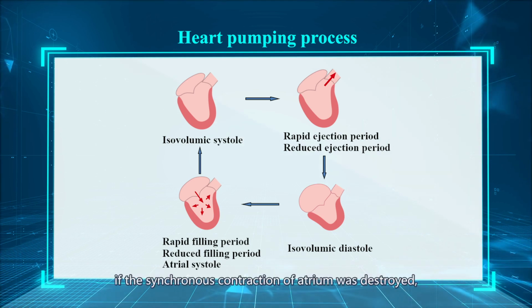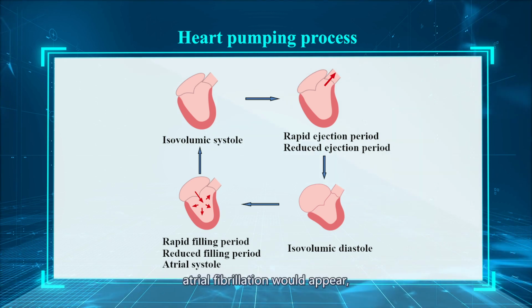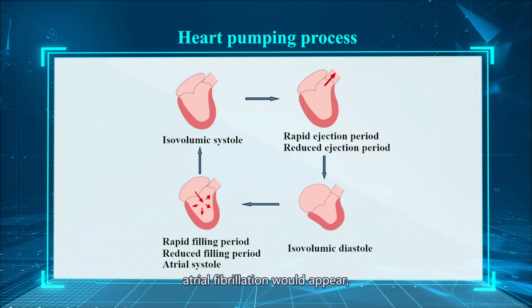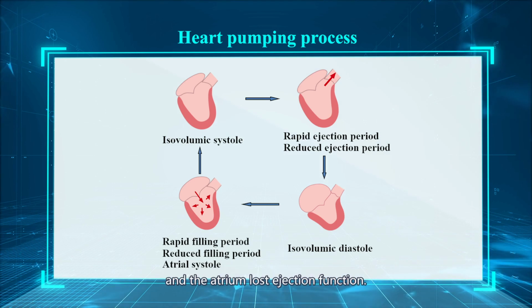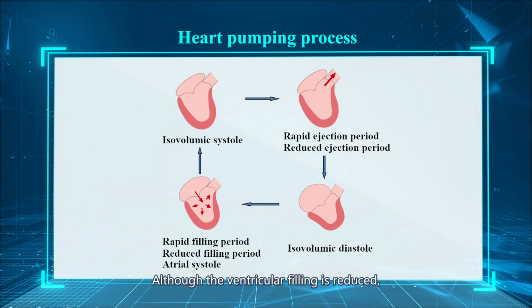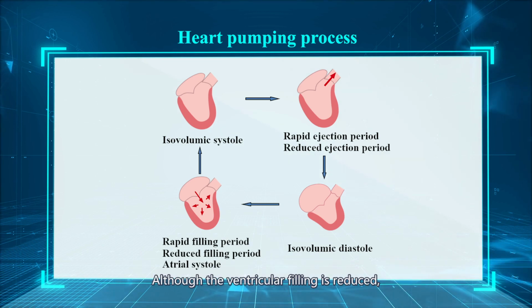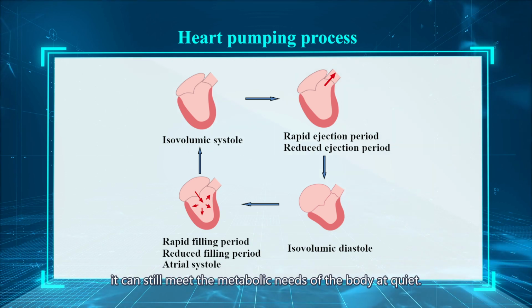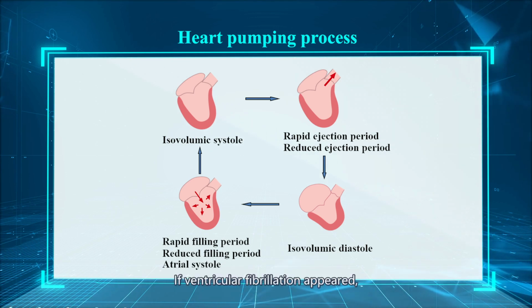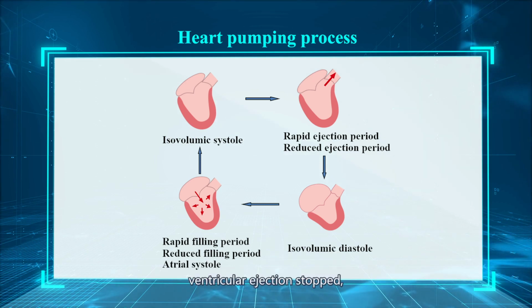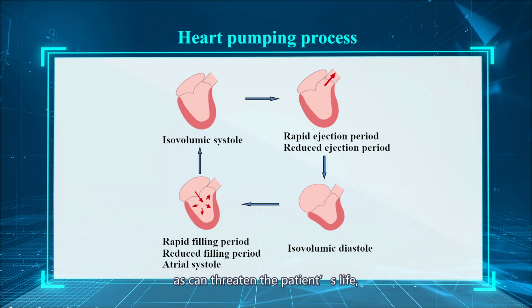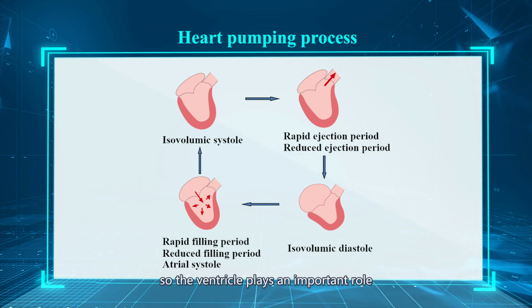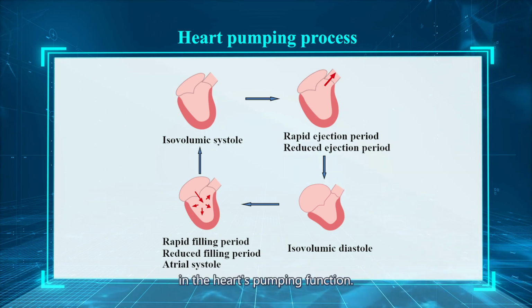Clinically, if the synchronous contraction of atrium was destroyed, atrial fibrillation would appear, and the atrium lost ejection function. Although the ventricular filling is reduced, it can still meet the metabolic needs of the body adequately. If ventricular fibrillation appeared, ventricular ejection stopped, which can threaten the patient's life. So, the ventricle plays an important role in the heart's pumping function.